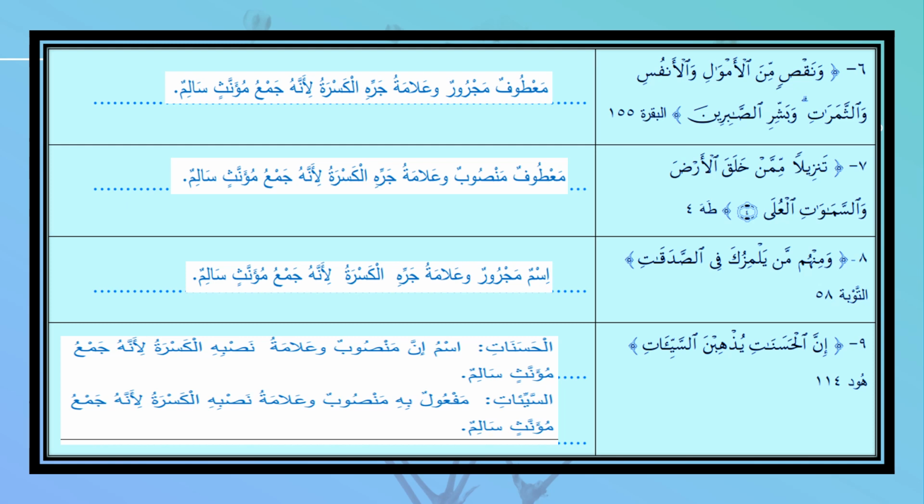I missed that. اسم إن منصوب علامة نصبه الكسرة because it's Jama Muannas, and سيئات is مفعول به. How is it a مفعول به? Because you will see a fi'l mudari here, yuzhibna. Where is the fa'il? Fa'il is hidden in it. And what is the fa'il? It's the hunna, Jama for the women. مفعول به علامة نصبه الكسرة, because in nasb also Jama Muannas will show by kasra.